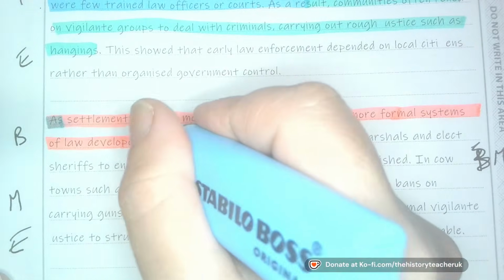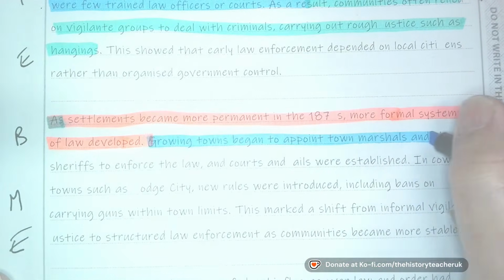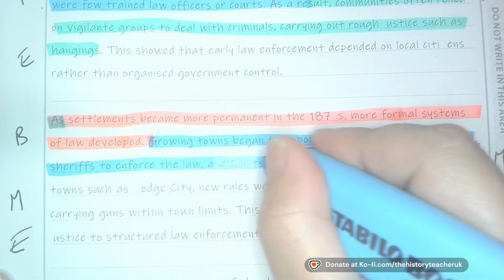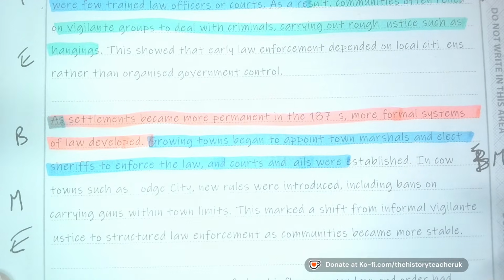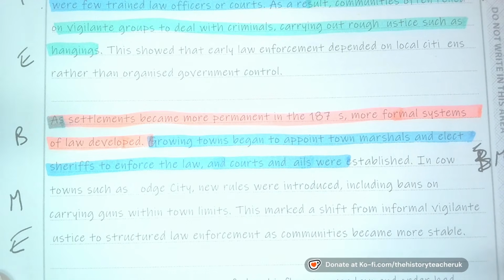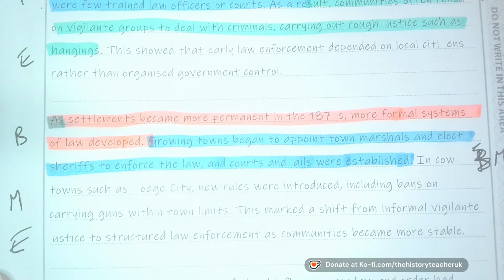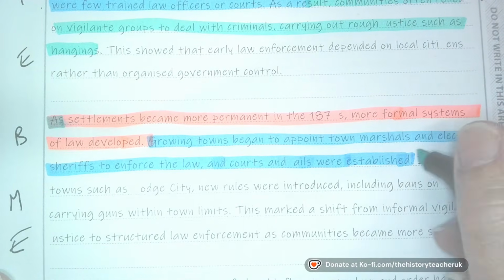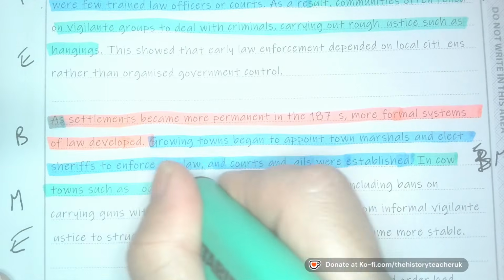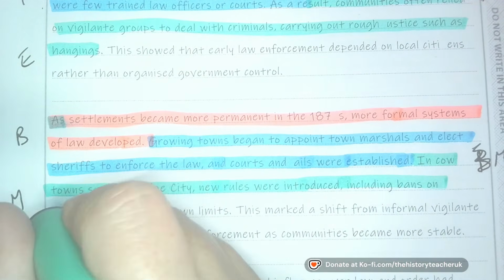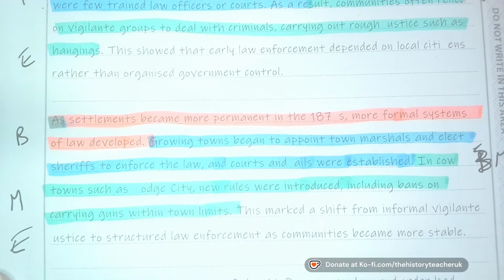Growing towns begin to appoint town marshals and elect sheriffs to enforce the law, and courts and jails were established. So that's our middle, and then our end bit is in cow towns such as Dodge City. New rules were introduced, including bans on carrying guns within town limits.